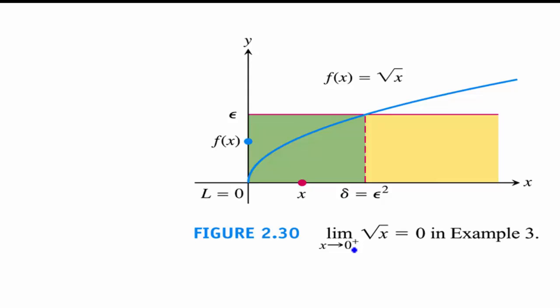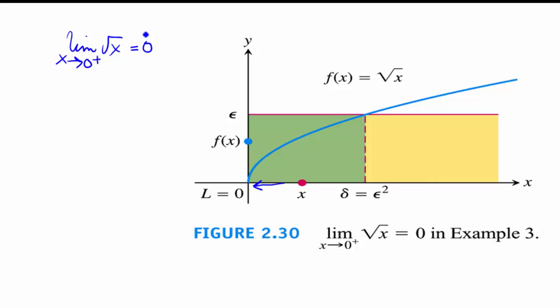Now, here's another example of a function that has a one-sided limit: the limit of the square root of x as x approaches 0, coming from the right, of course. And we see here that as x approaches 0 from the right, the y values approach 0.